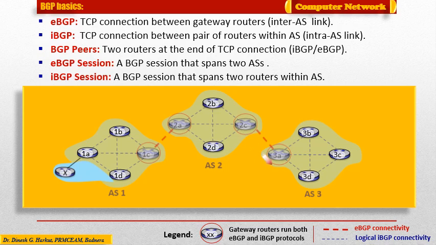Thus, AS1 promises to AS2 it will forward datagrams towards X through AS1, that is, the path AS1 X. And AS2 in turn promises to AS3 that it will forward datagrams toward X through the path AS2, AS1, X. This is how the information is transferred inter and intra autonomous system.